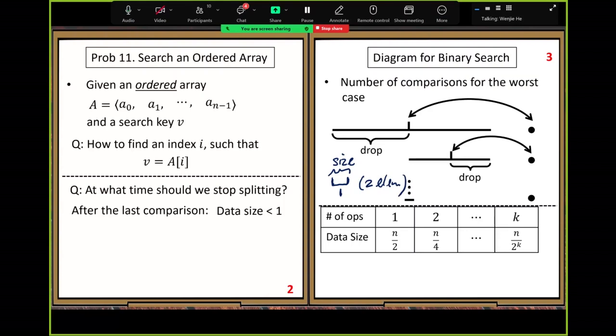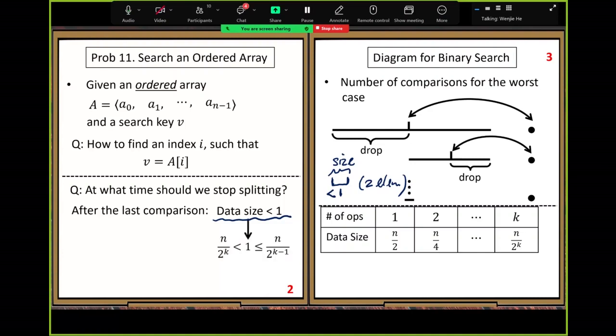But if the line segment's length is strictly less than 1, then you can only cover 1 element. There is no chance this line segment can cover more than 1 element. So that's the reason we say when the data size is strictly less than 1, no further split is needed. That's the first observation.